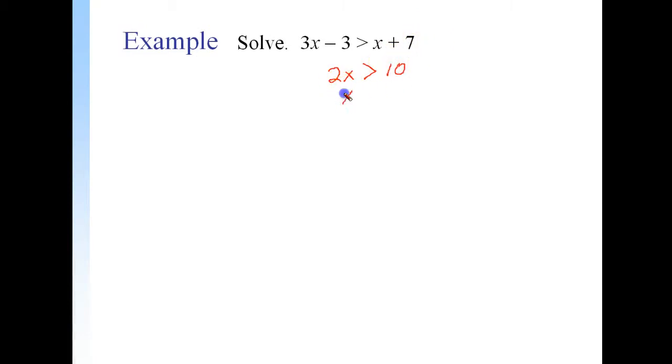Going to divide both sides by 2. And I get 5. And then the graph will be a 5 here. What sign do I put here? A parenthesis.